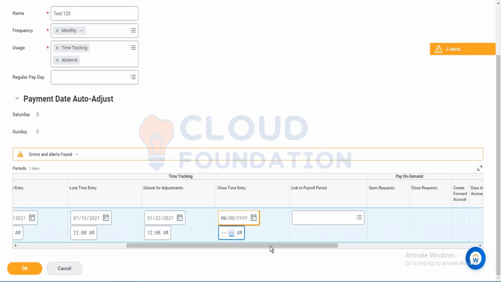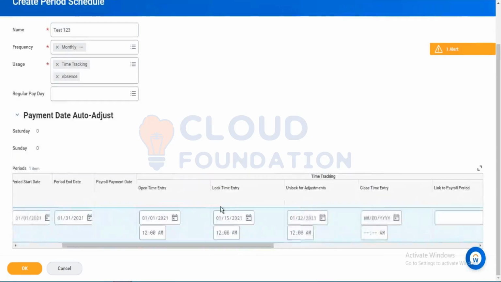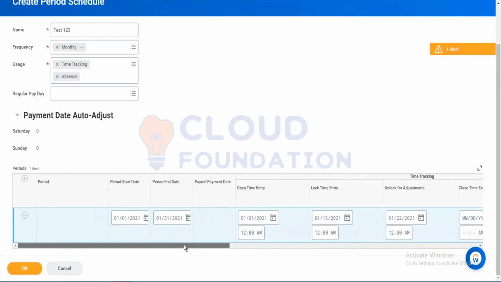So we understand this concept of what is open time entry, lock time entry, unlock for adjustment, and close time entry. My first task for you would be checking one of the period schedules and modifying their lock time entry, and trying to enter time for, for example, January.